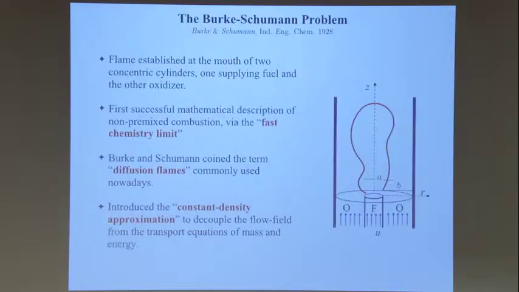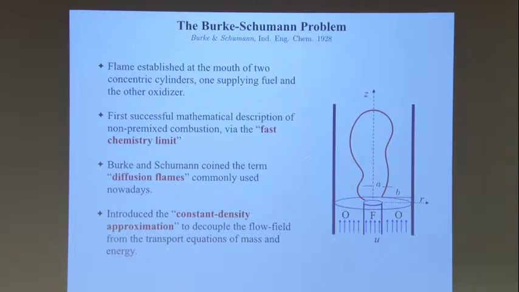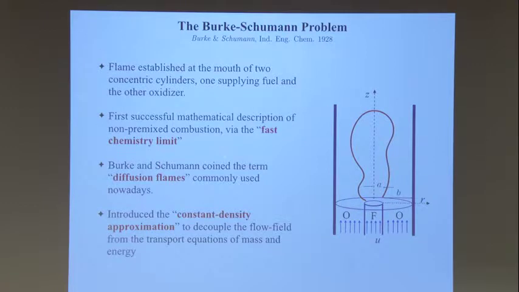So I'm going to skip that for now and just mention the more classical problem, which is the Burke-Schumann flame. It's a diffusion flame established... I didn't draw the exact shape. We're going to talk about the problem specifically a little later. But essentially, Burke and Schumann in 1928 or so created or studied that problem.